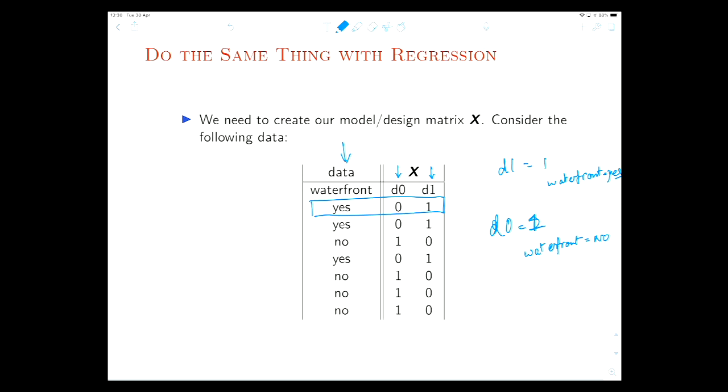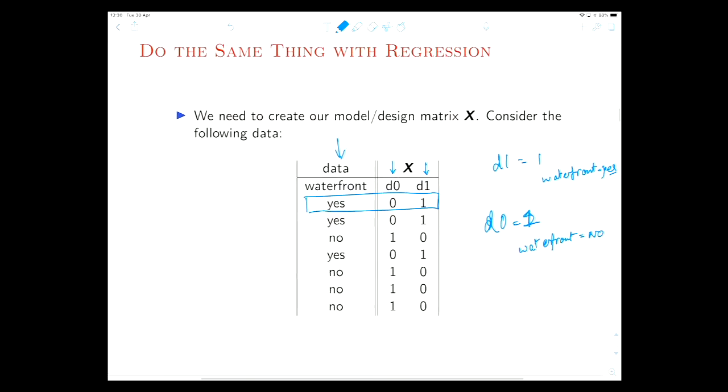If D1 is 1, then D0 has to be 0. If D0 is 1, then D1 has to be 0. So for the last observation, which is a no waterfront property, D1 takes on the value 0, and D0 takes on the value 1.